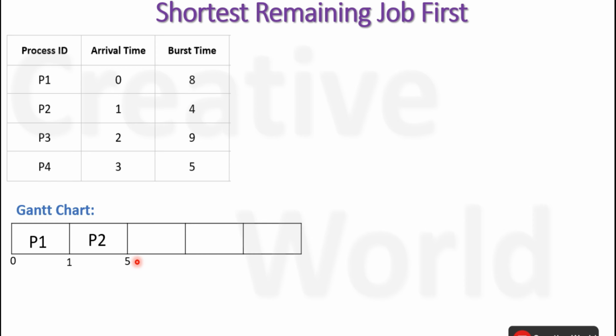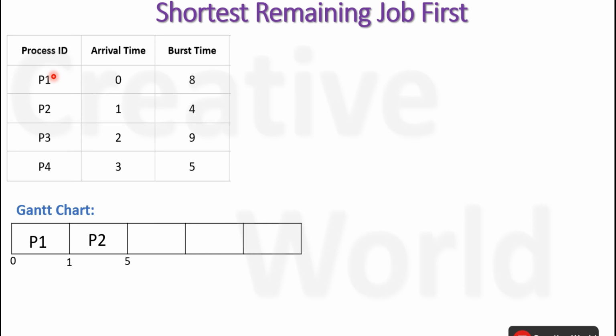Now the current time of CPU is 5 and during the execution of P2, two other processes also arrived. One of them is process P3 whose burst time is 9 and it arrived at time 2, and the other process is P4 whose arrival time is 3 and burst time is 5. Now CPU will examine out of these 3 processes which one is shortest.